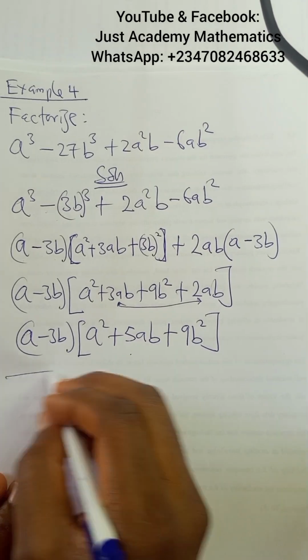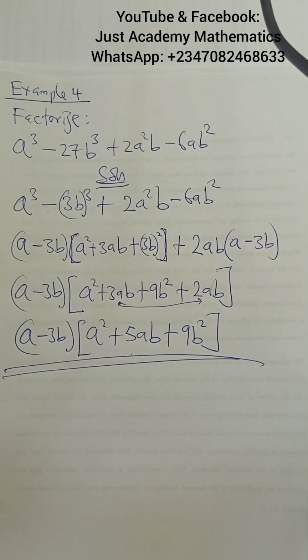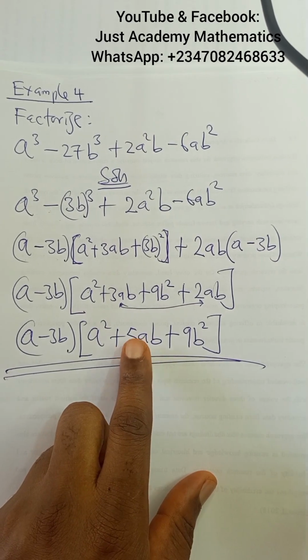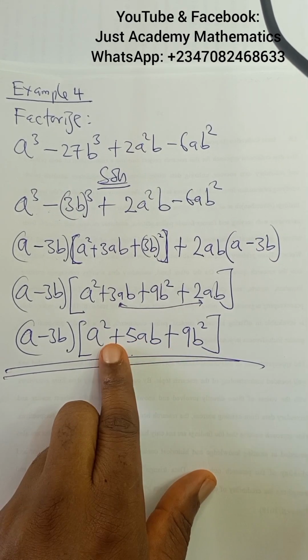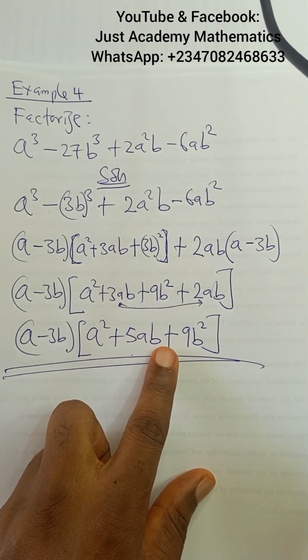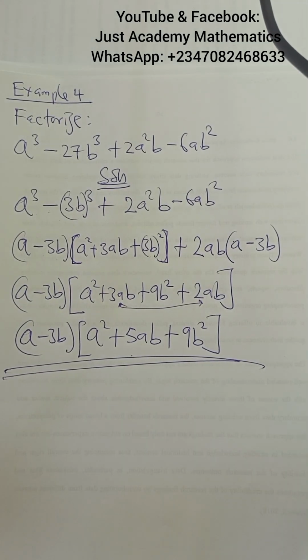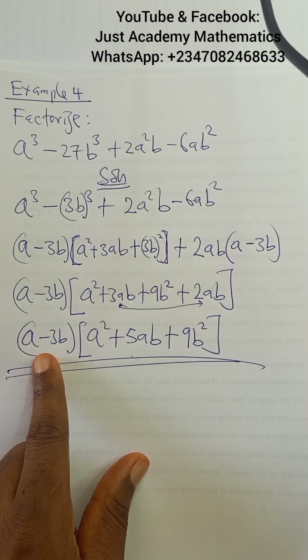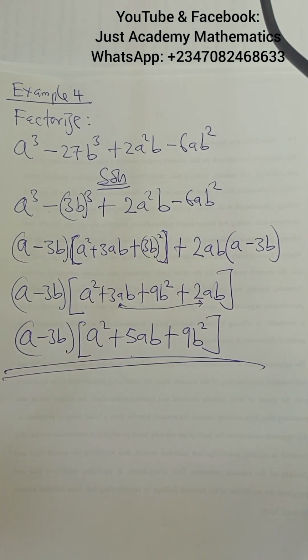So we'll leave the answer like this. There is nothing we can add. We can't split this one. Assuming we can split this one into 2, then we will have been able to factorize this one further. Do I get what I'm saying? But since we cannot split this one into 2, then we'll have to stop here as the answer.